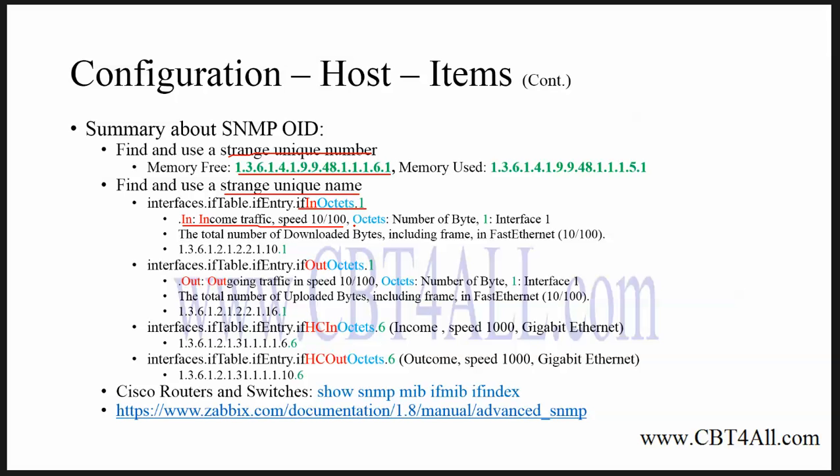This part means we are talking about the number of bytes. So if you want to change it to bits, you have to multiply it by 8. And here it means interface number 1.